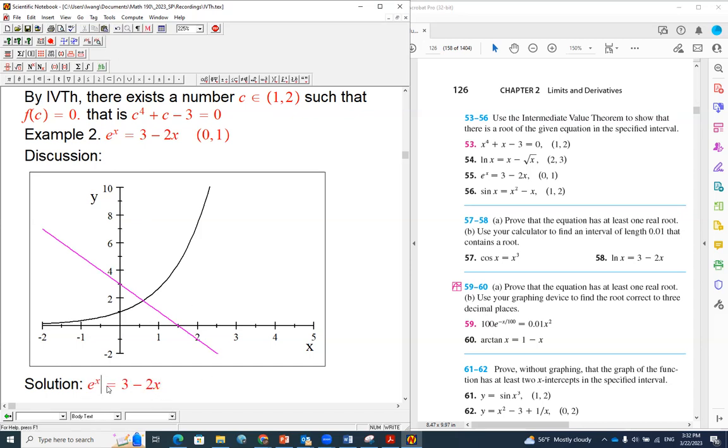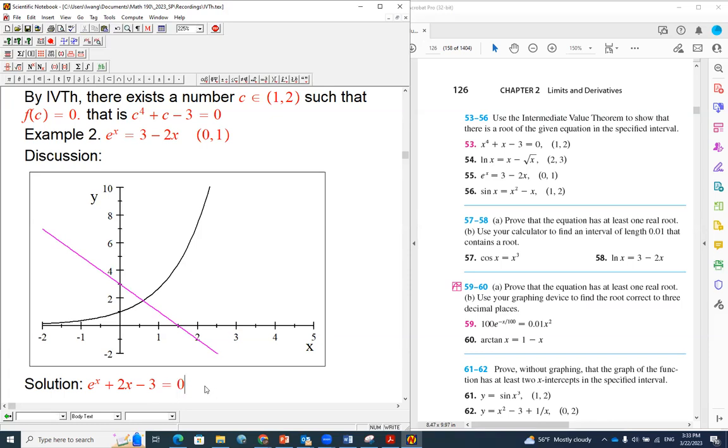So I'm going to add 2x on both sides, and subtract 3 on both sides.